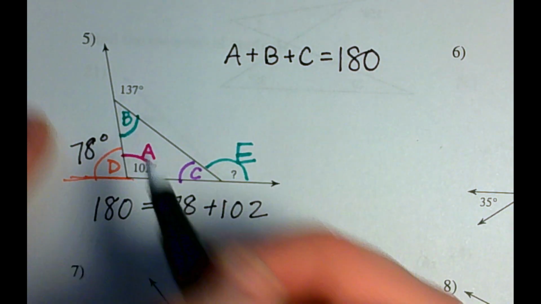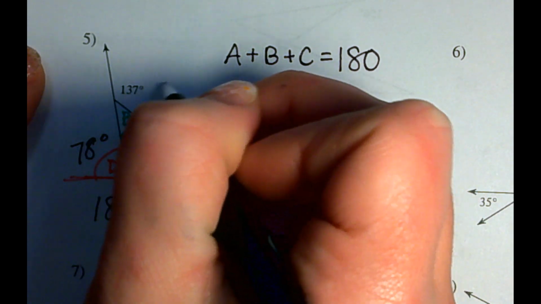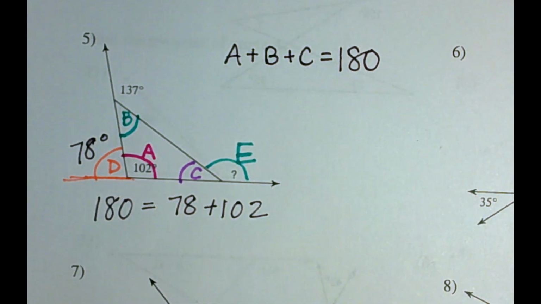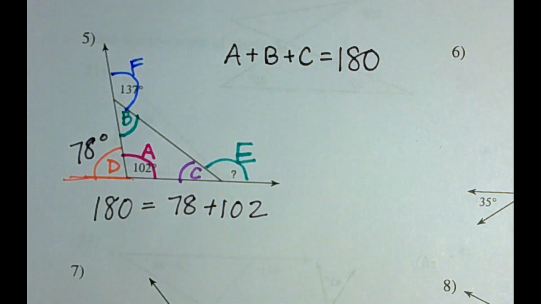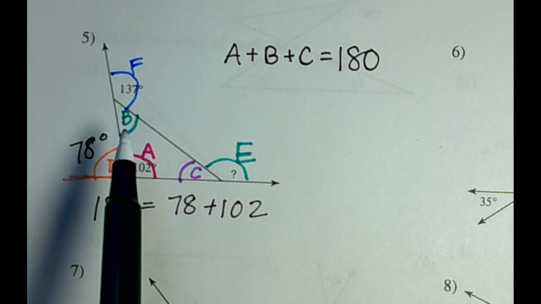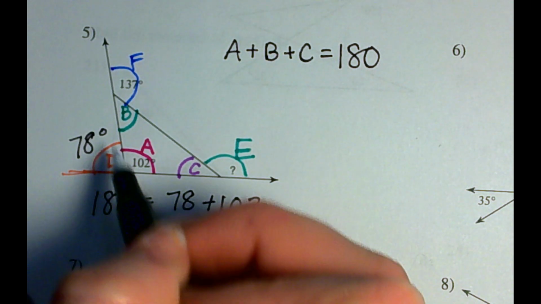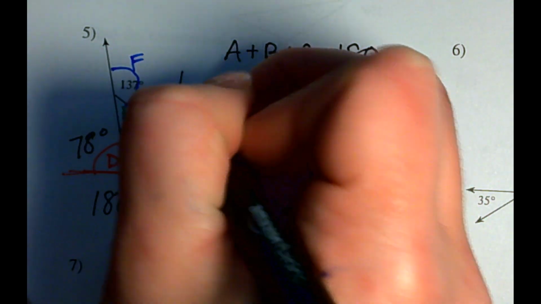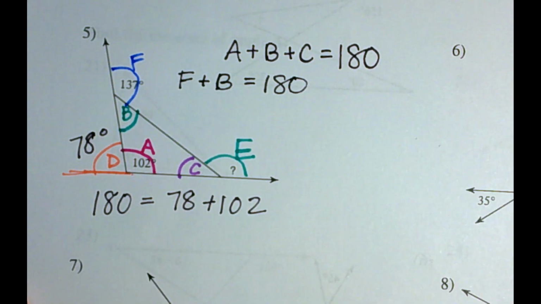Okay, so let's solve for B. Whatever this is, let's call this F, so it's got a name. I know F plus B equals 180, because they form a straight line. So I'm going to write that F plus B equals 180.